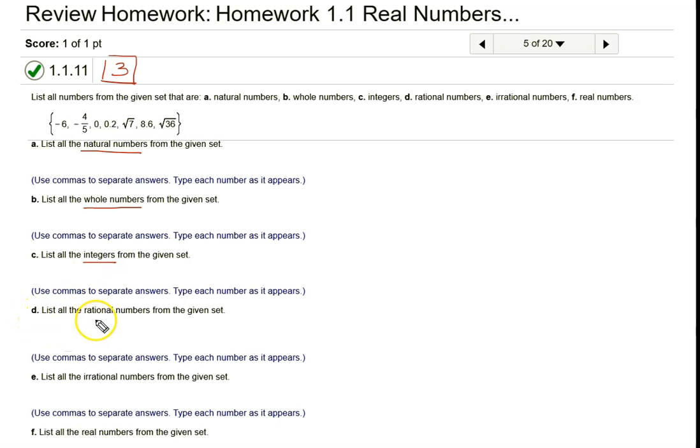D, rational numbers. E, irrational numbers. And F, real numbers. So we'll give you a little bit of time, and then I'll be asking people for these, and you're going to use this as your sample field.